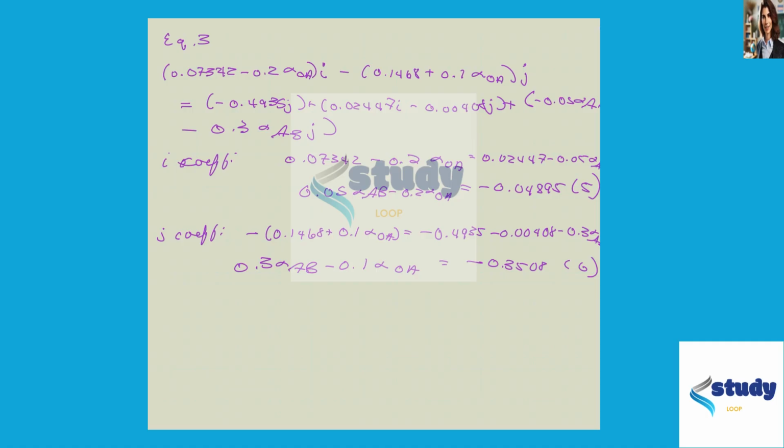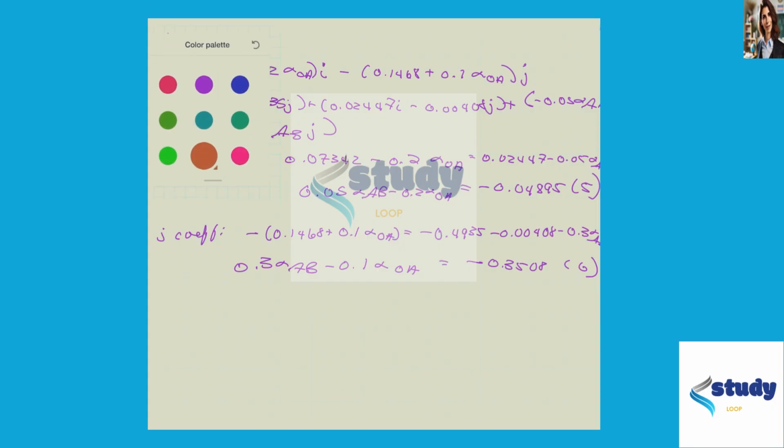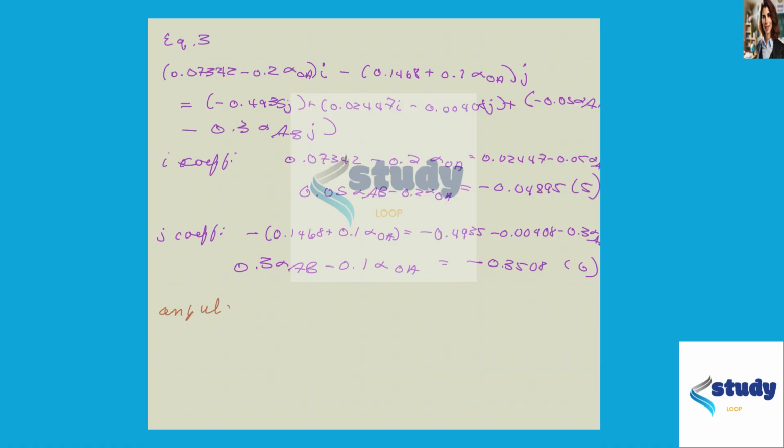So we'll get angular accelerations in 5 and 6. We get negative 1.1867. That is for AB, and for OA, negative 0.0519.